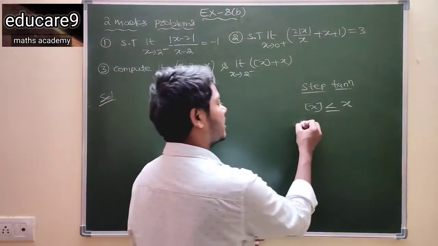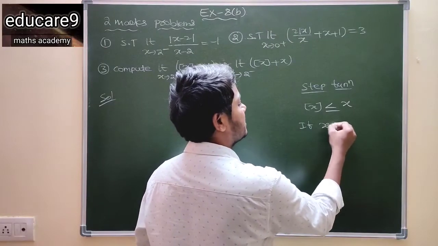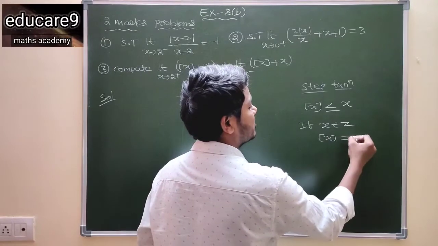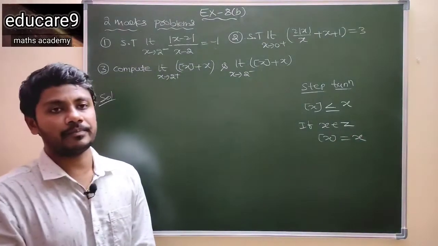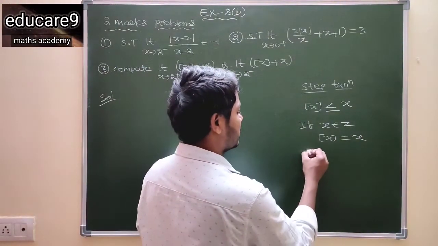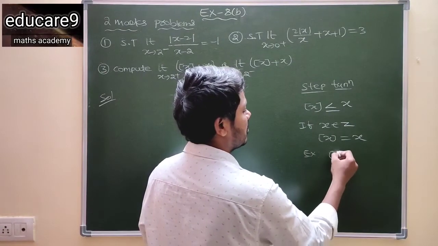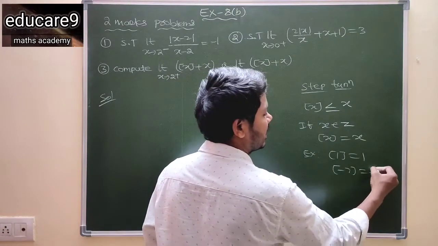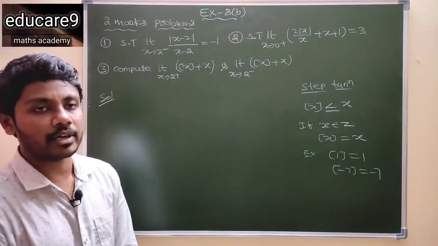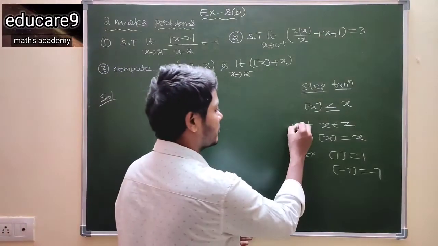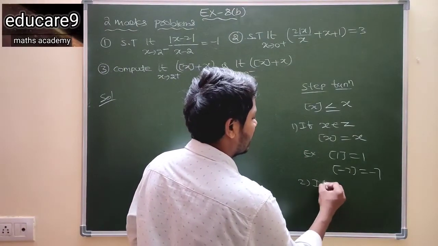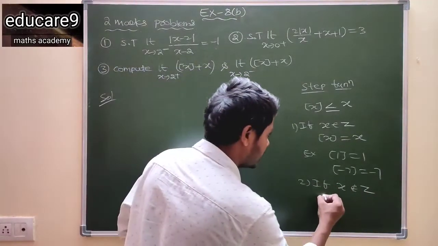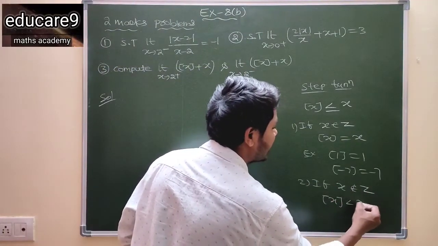First, if x is an integer, then step x value and x are equal. For example, step of 1 is 1, step of minus 7 you will get minus 7, because these are integer values. Second, if x is not an integer, then step x value is less than x.